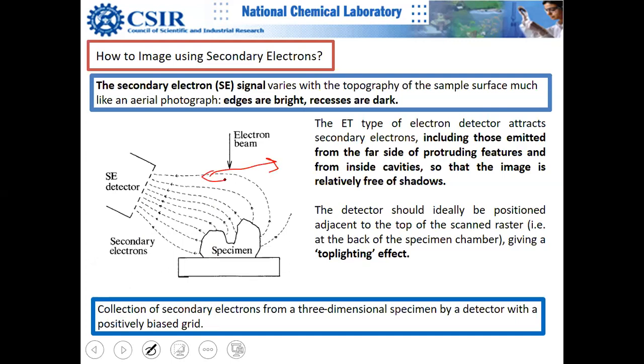It starts from the right and then it moves to the left. But in this journey, wherever this primary beam hits the sample, secondary electrons will be generated in all directions, because there is no particular directionality.